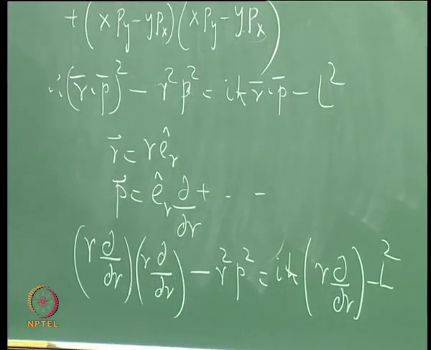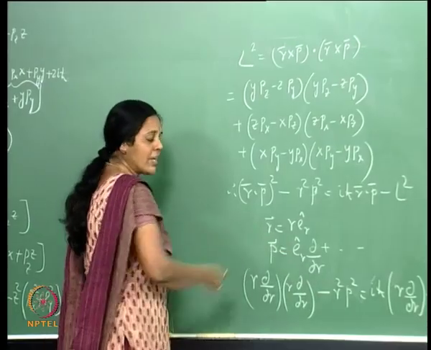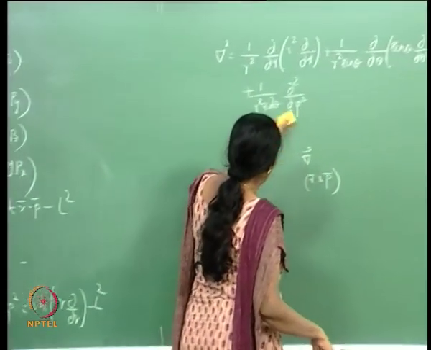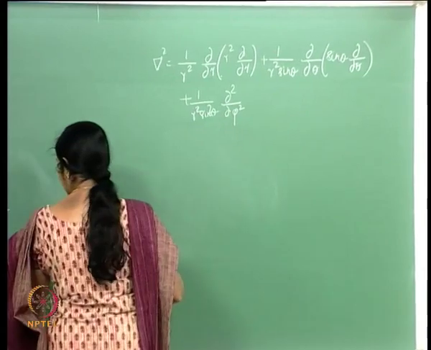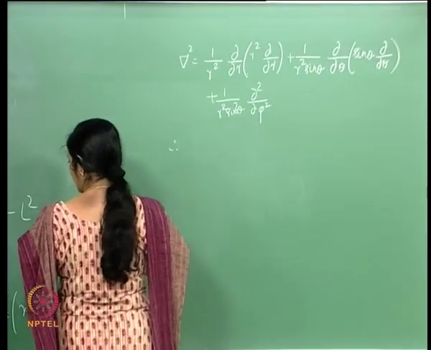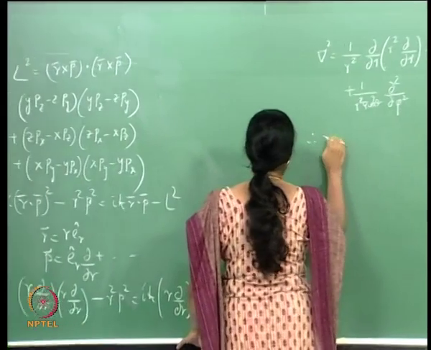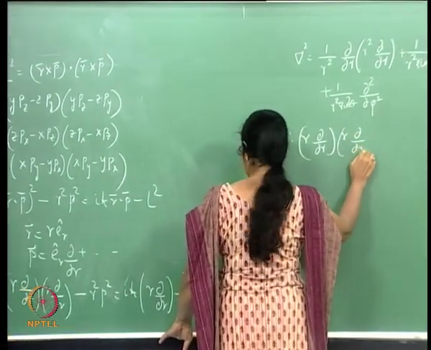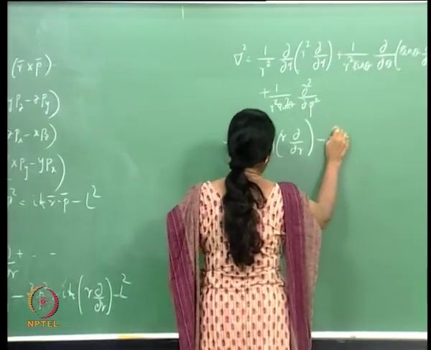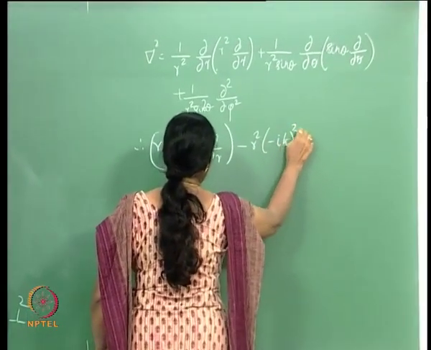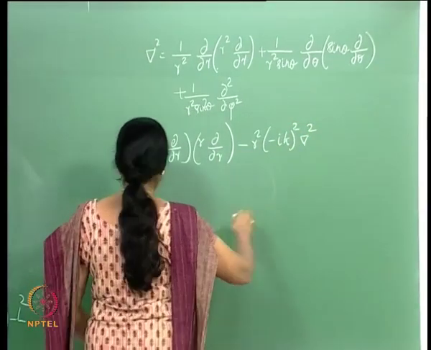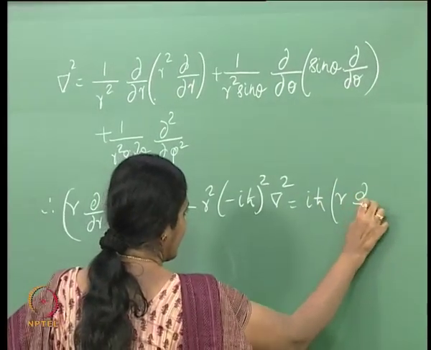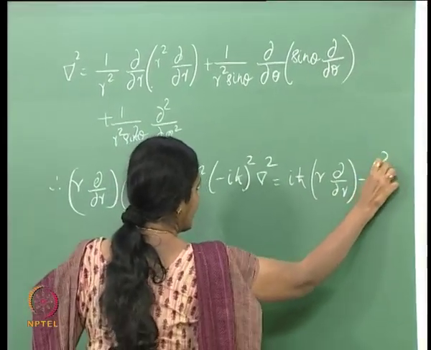So, this is the kind of thing that I have, but p squared itself is minus i h cross del the whole squared. So, let me put that down here. Therefore, I have r delta by delta r times r delta by delta r minus r squared times minus i h cross the whole squared del squared is equal to i h cross r delta by delta r minus L squared.